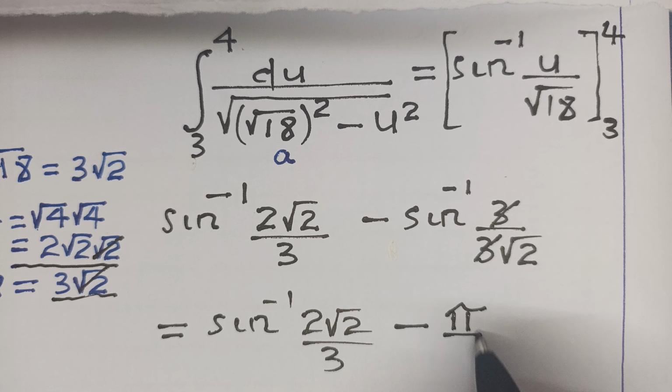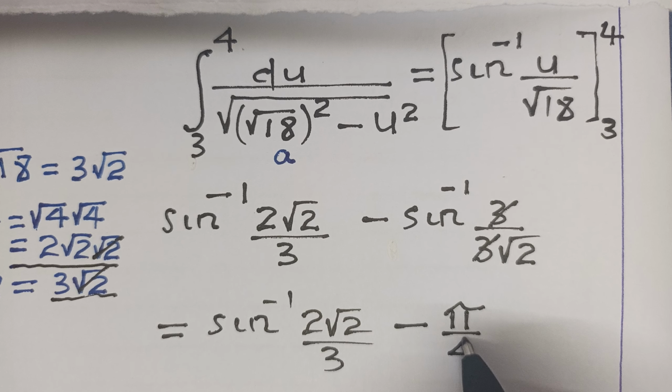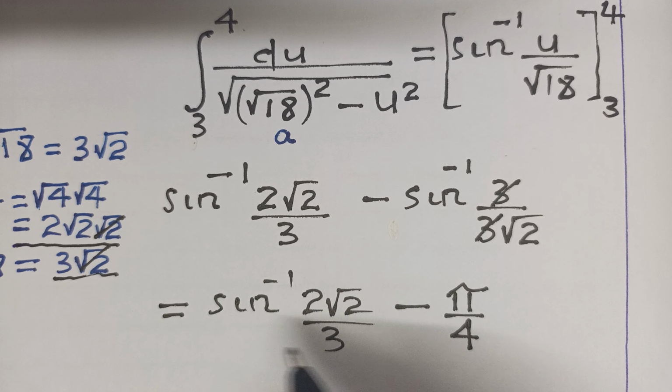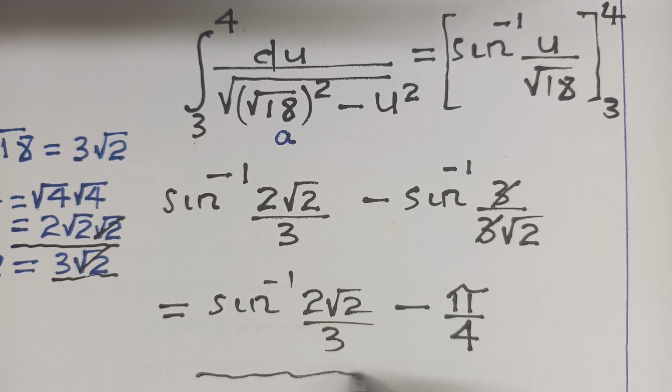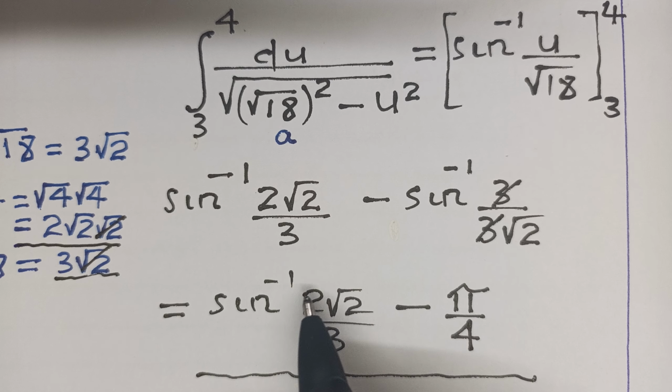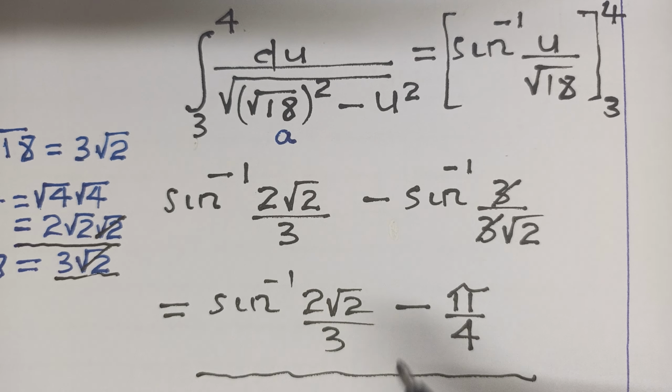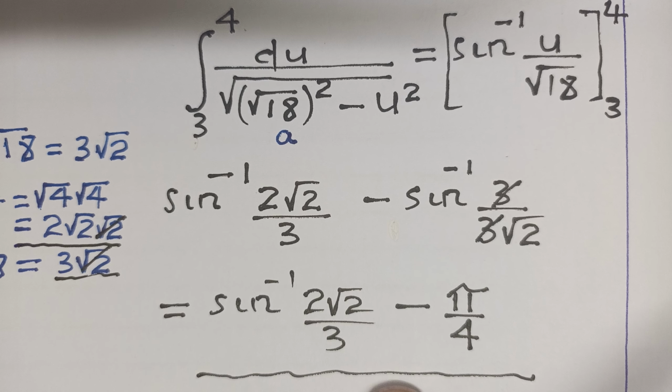Guys, pi over 4 is a special triangle. And therefore, our solution then is supposed to be like this. You can go ahead and try to find that, but still, with that, this is correct.